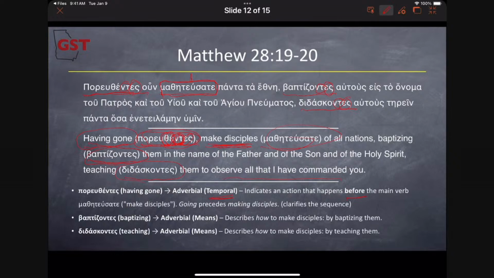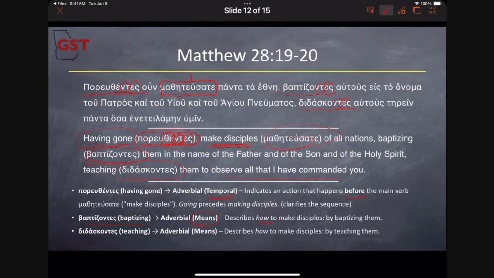We get our verb baptizo. It's present tense, active voice, participle, nominative plural. And so it's again associated adverbially with making disciples. So how do I make disciples? Now it's telling me how to make disciples. Baptizontes, baptizing. It's an adverbial of means, describing how you make disciples.